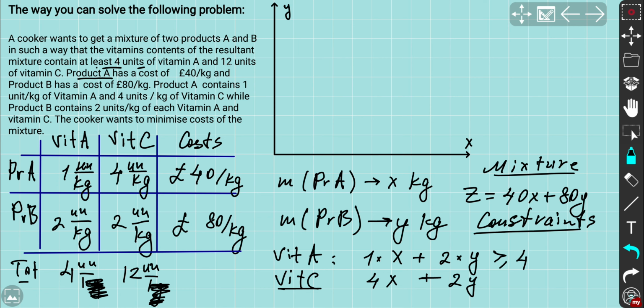That's again at least 12 units of vitamin C. So that constraint is going to be an inequality, greater than or equal to 12 units in total. Okay, so we constructed that.